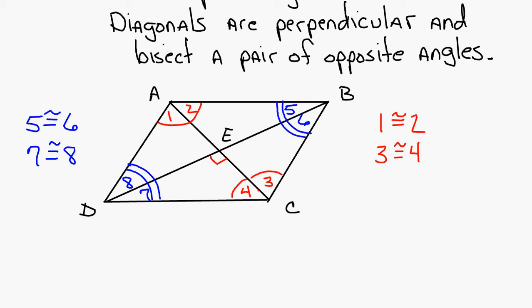Some of the other questions you'll get related to these are, you can be told that side AB is 4x plus 7. And side AD is 9x minus 11.